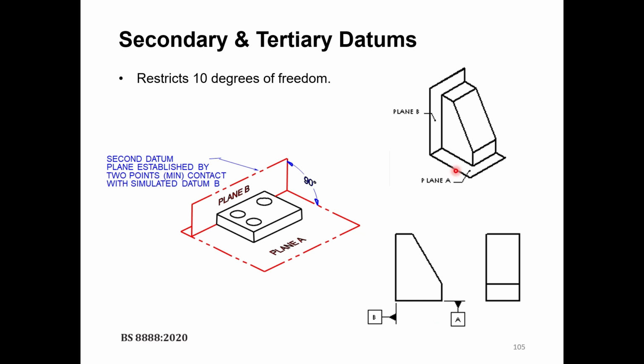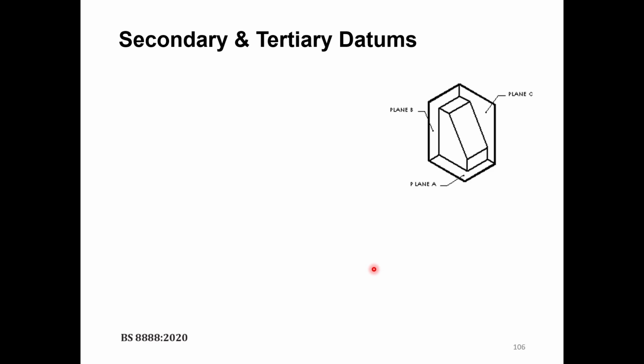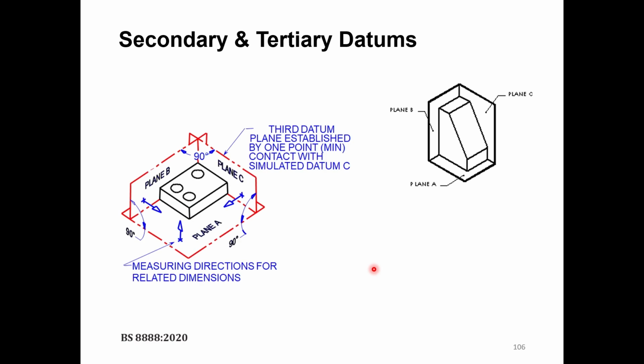In this case, we have the bottom surface as datum A and the vertical surface here as datum B. So you can now start relating some dimensions or some measurements to datum B as well. Then some other dimensions require more datums in order to measure and locate them.